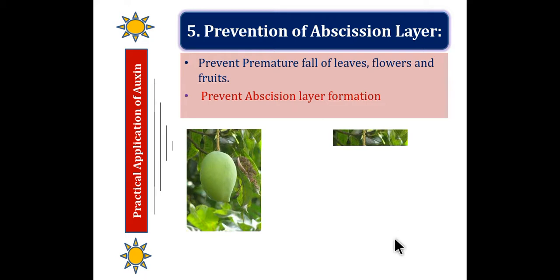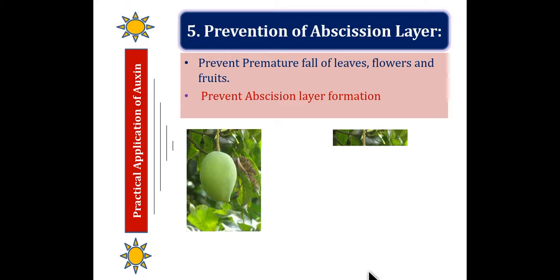The formation of the abscission layer is the main function of ABA, the abscisic acid phytohormone, but auxin prevents the formation of the abscission layer and the premature fruit fall.